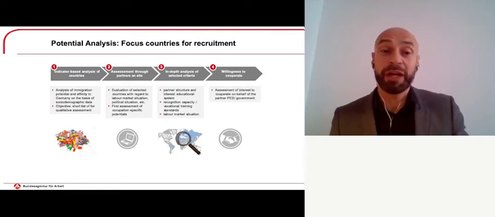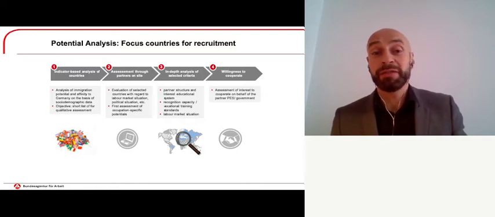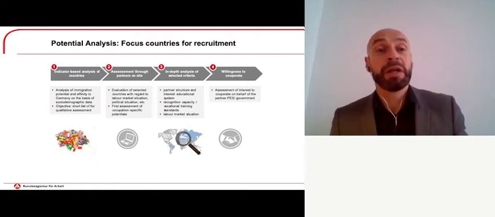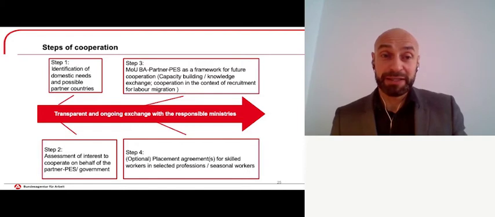And this is why we carried out a very complex potential analysis to identify focus countries we want to work with. And this is something that we are still working on. And this describes a bit, because I'm running out of time already, the general process and the general steps in our cooperation.